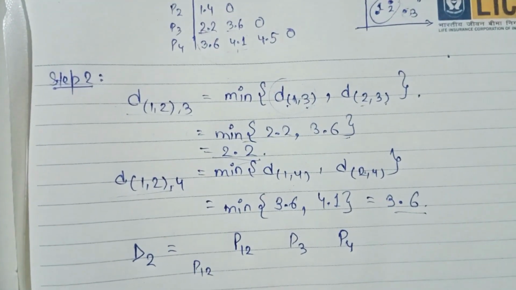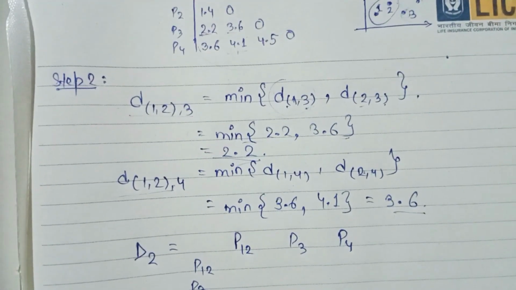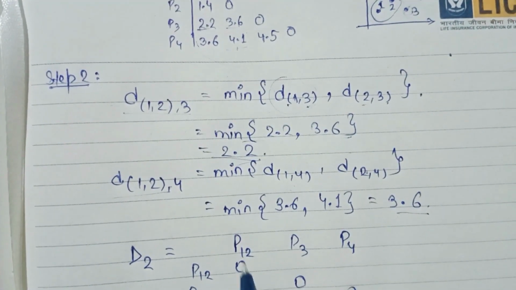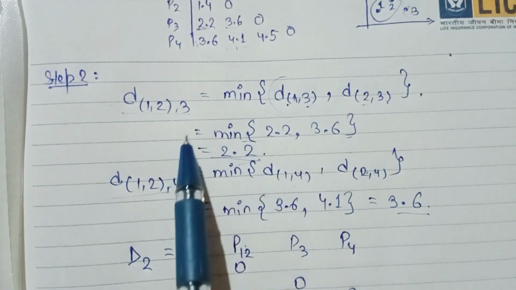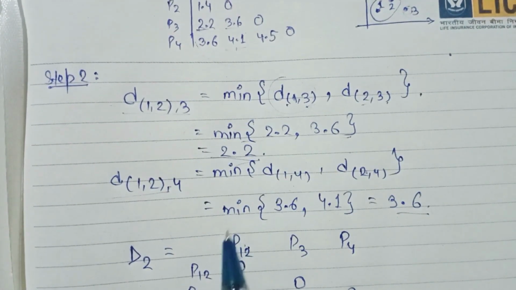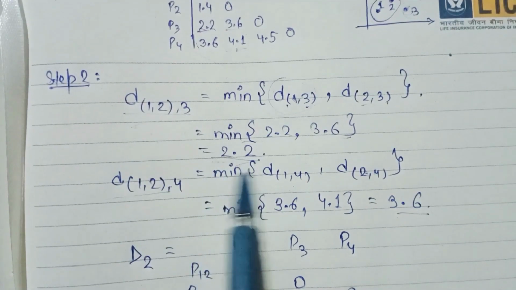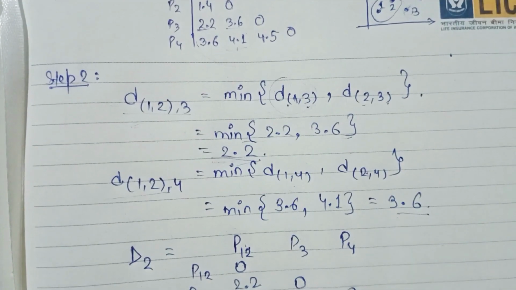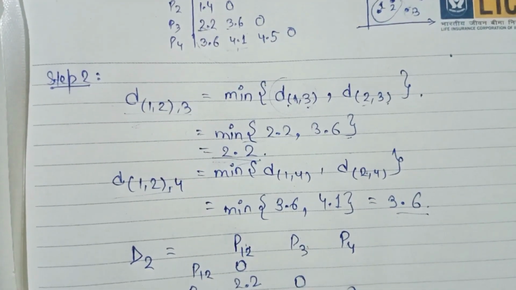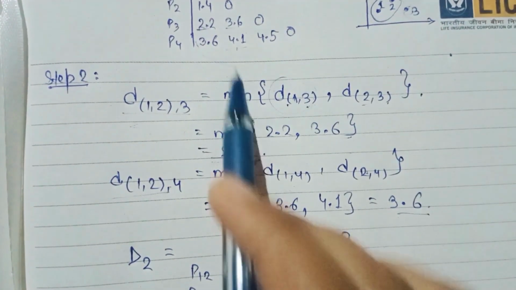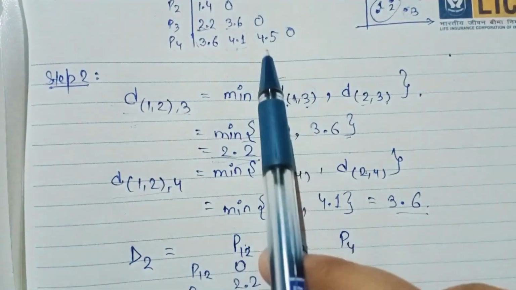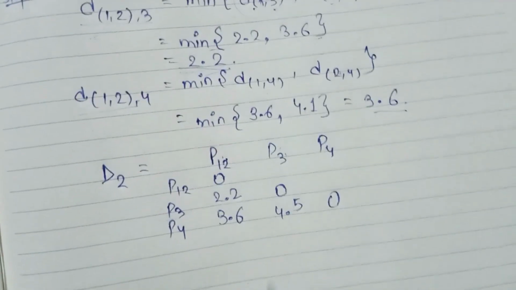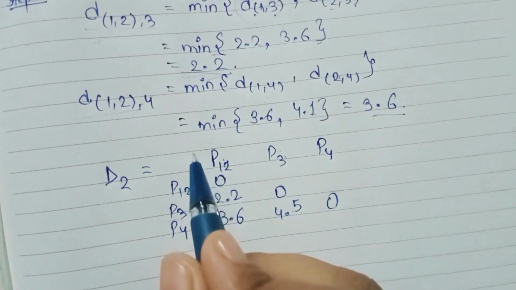P1 2 to P1 2 is 0, P3 to P3 is 0, P4 to P4 is 0. Now from here, P1 2 to 3, we have calculated the value is 2.2. P1 2 to 4, the value is 3.6, and P3 to P4 is 4.5, so 4.5 here, and just wrote it.